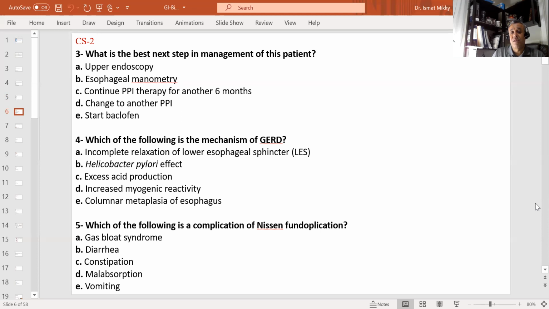So, complications associated with this procedure. Which of the following is a complication of Nissen fundoplication? Gas bloat syndrome is the inability to eliminate swallowed air or gas from carbonated beverages or food by belching.